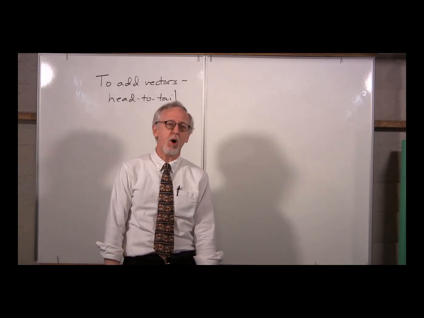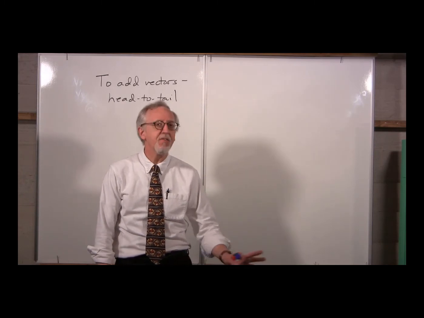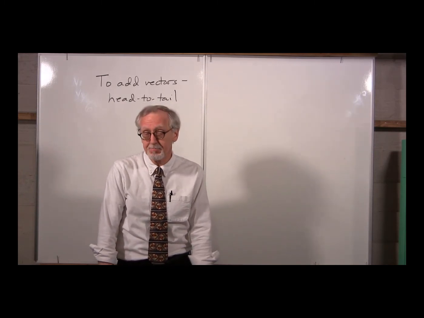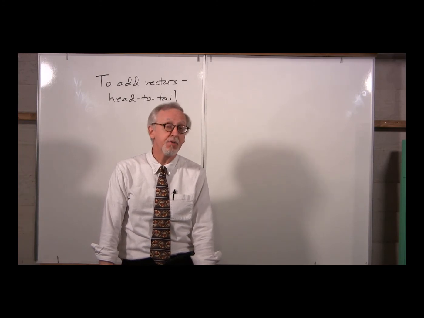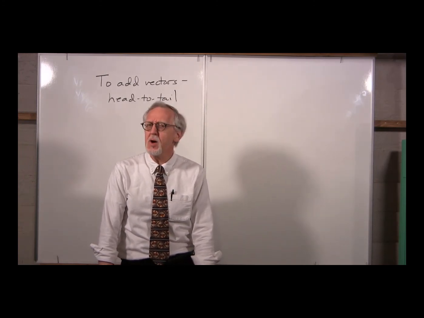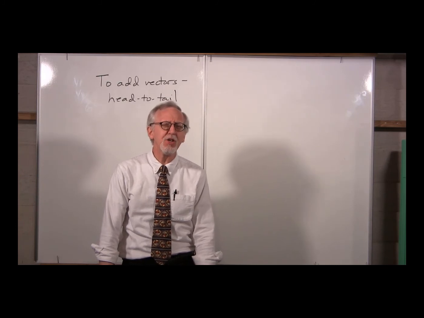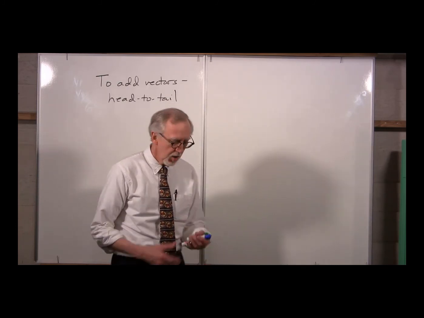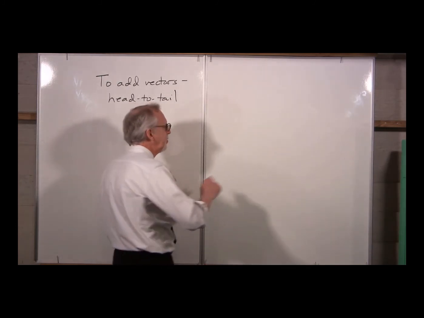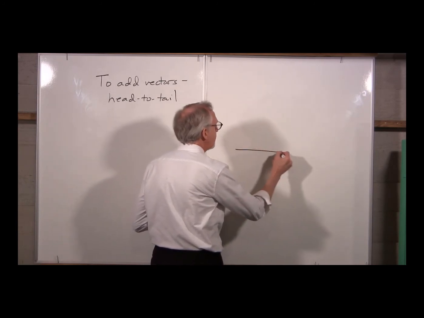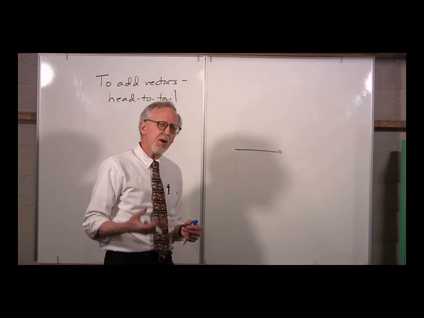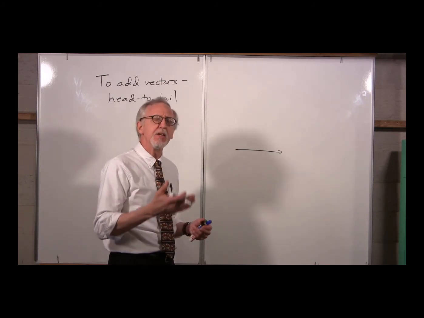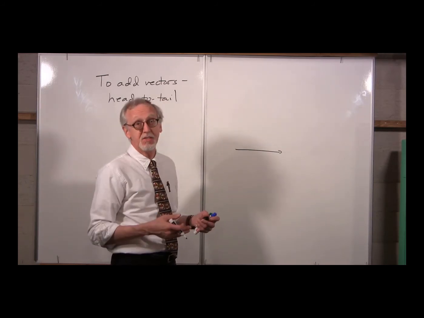Imagine you want to go for a walk, and you walk, say, 5 kilometers east. And then you go for another walk 10 kilometers north. And you want to combine these together and figure out where you ended up from your starting point. Well, how do you combine the vectors? If you first walk 5 kilometers east and then 10 kilometers north, where do I draw that vector pointing north, say, in the positive y direction?